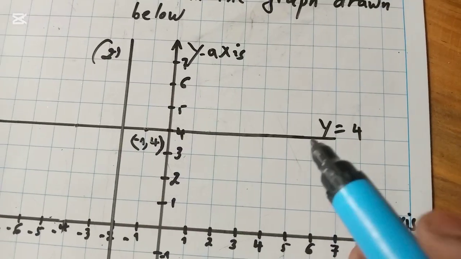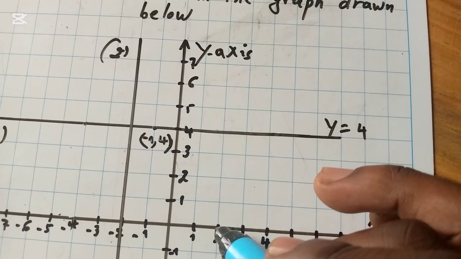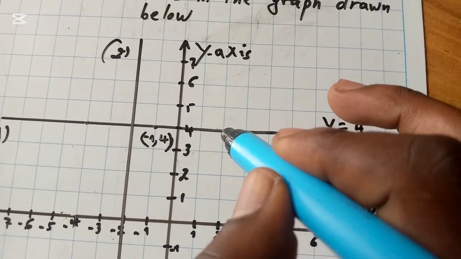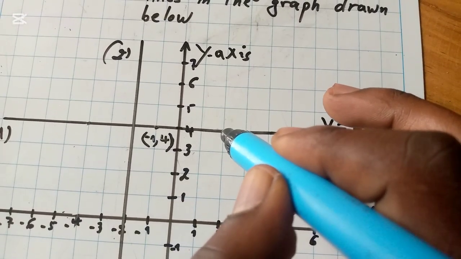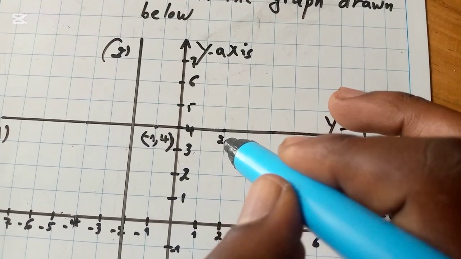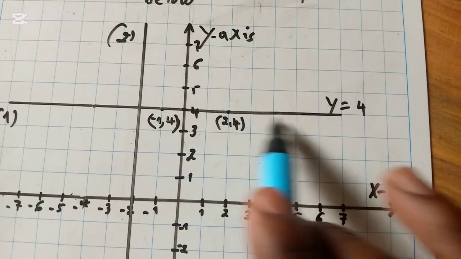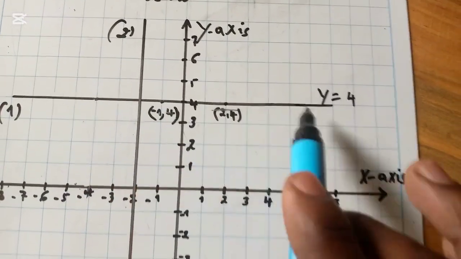I can even take 2 and 4 here. So those 2 points are on the line.